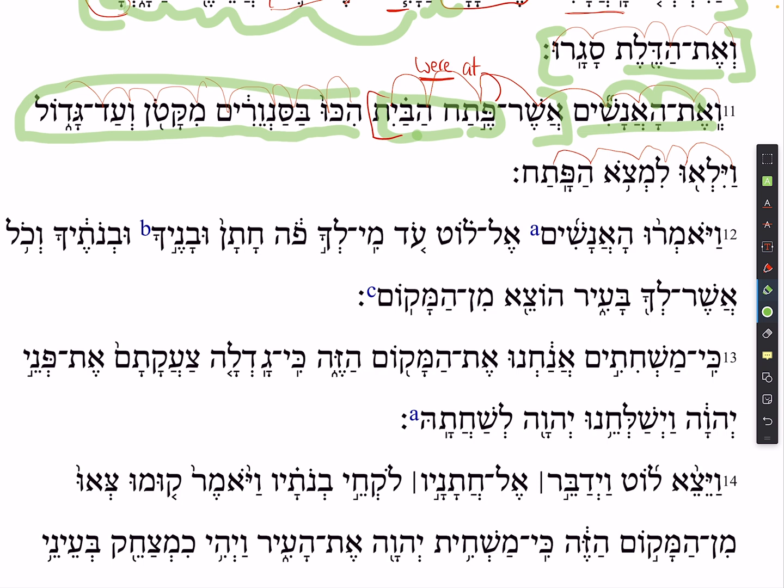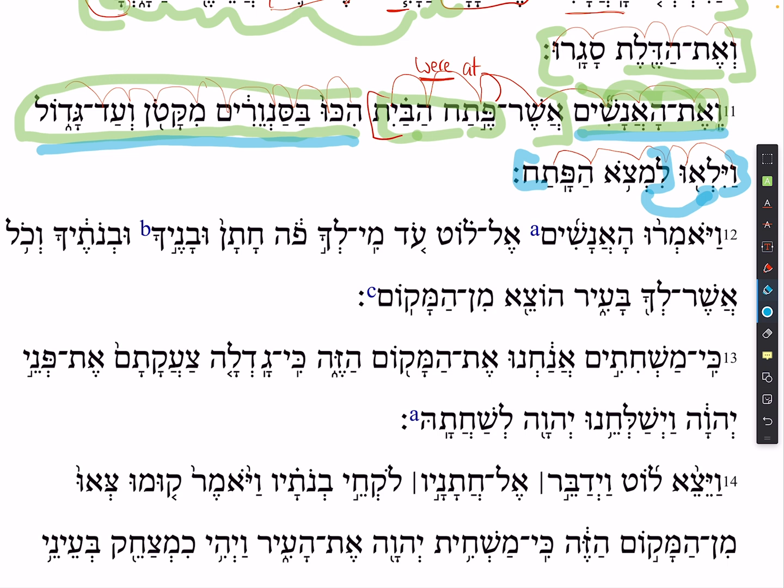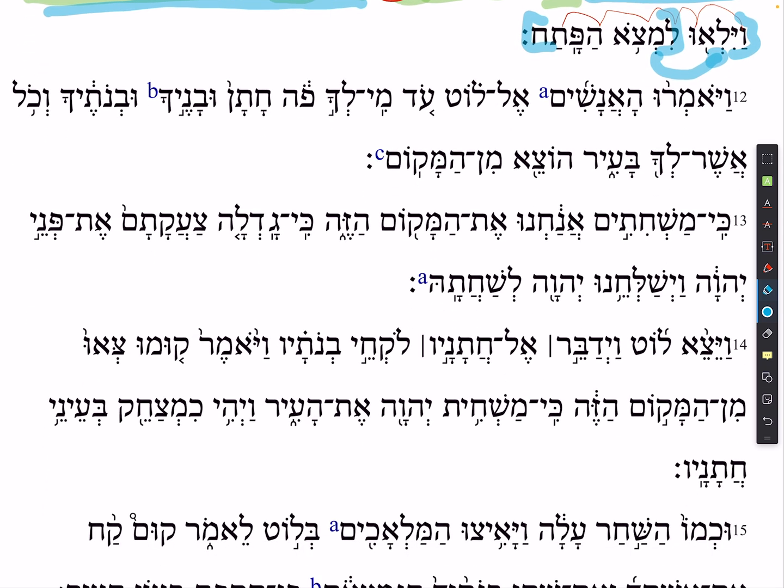So you see here that the clause that was opened with the direct object, ve'et ha'anashim, has been interrupted by the asher clause and is resumed with hiku. So the men, they hit with sudden blindness and they got weary. And then you see here an infinitive construct, limtzo. They got weary to find the opening. So this is our dependent clause, dependent on the independent clause, vayilu. They got tired to find the opening.